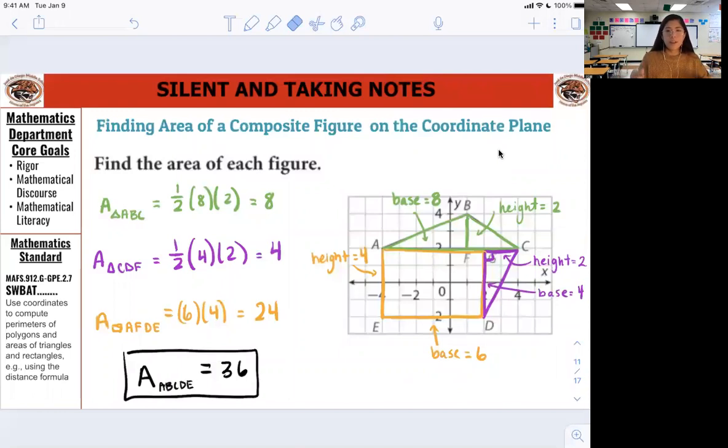Why did we not need the distance formula? We were able to count the units because all of those lines that we counted, they were either vertical or horizontal.